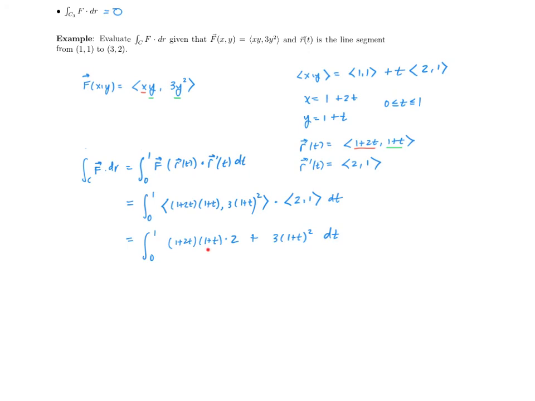Note we would need to expand everything out to have powers of t. And once you've expanded this out into powers of t and you evaluate, which I recommend you all do for practice, what you will end up with is 7/3 plus 11, which completes our introduction into line integrals.